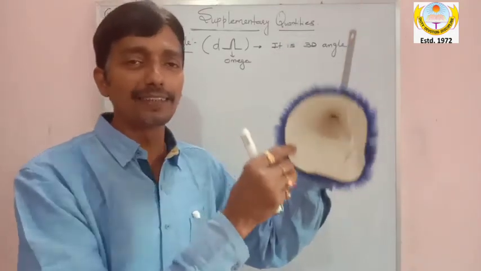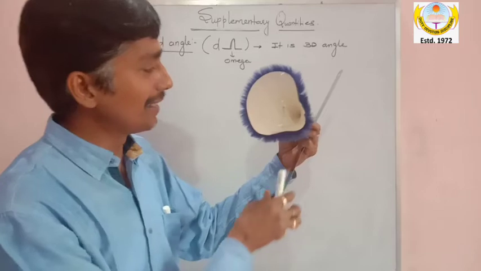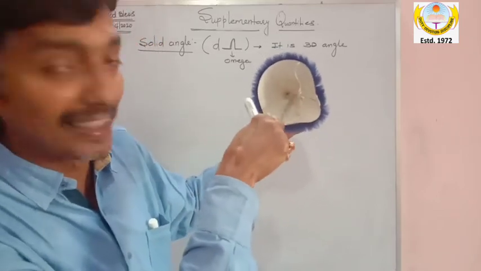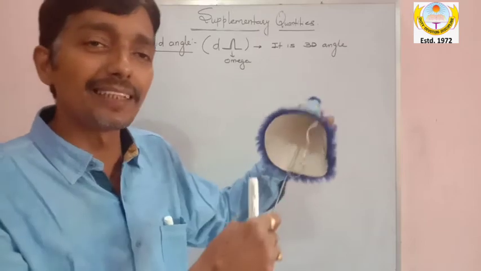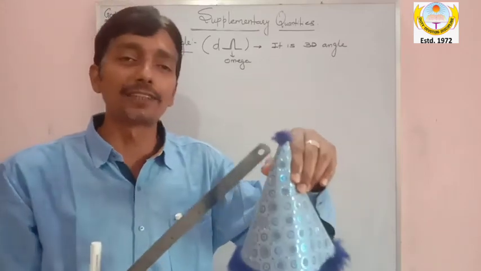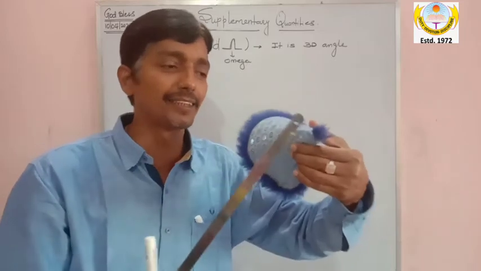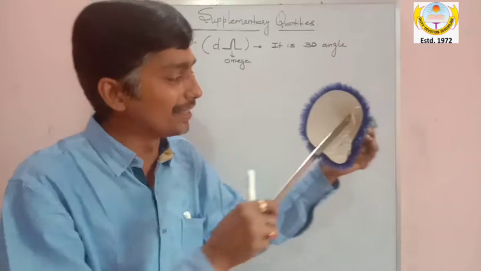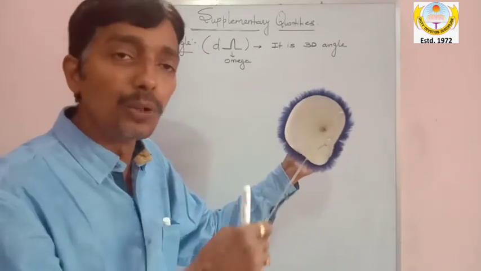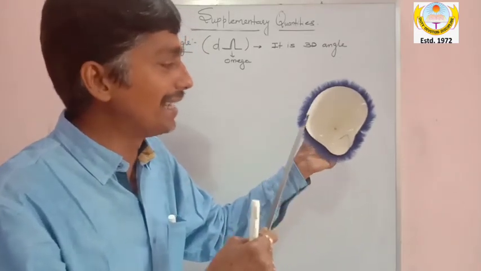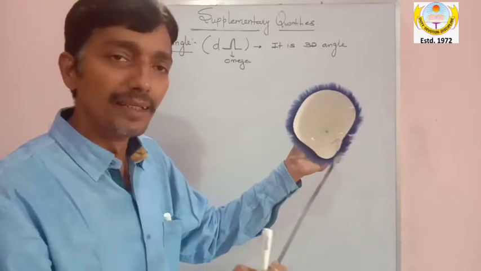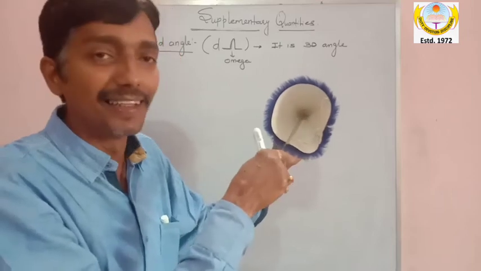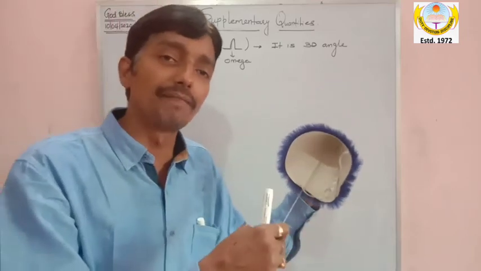Inside the cone there is a solid angle. Where is this solid angle forming? At the vertex. So at the vertex of the cone, you are getting the solid angle. You can see this much area intercepted and it forms an angle here, at the vertex of the cone.